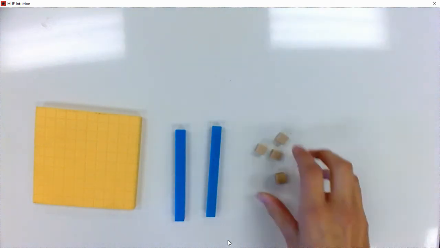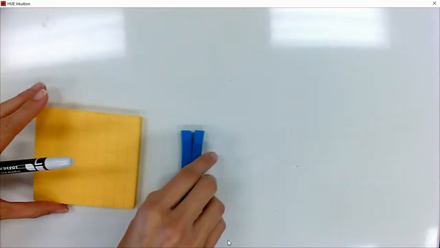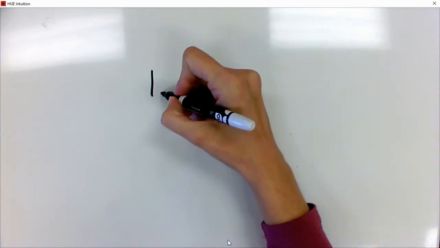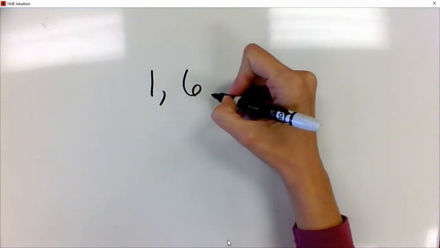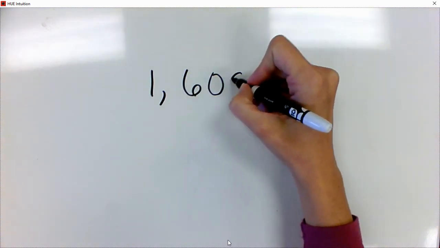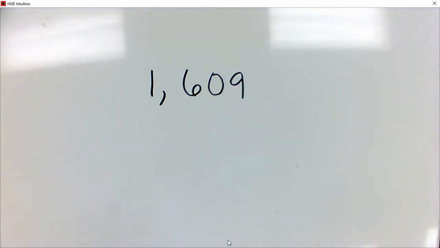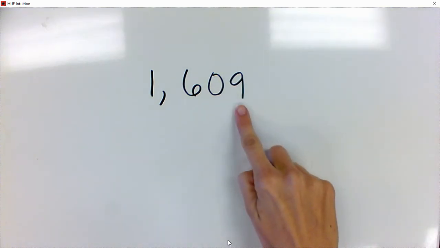Let's try another one. This time, I want to make the number 1,609. Using the blocks, I would need 9 ones.